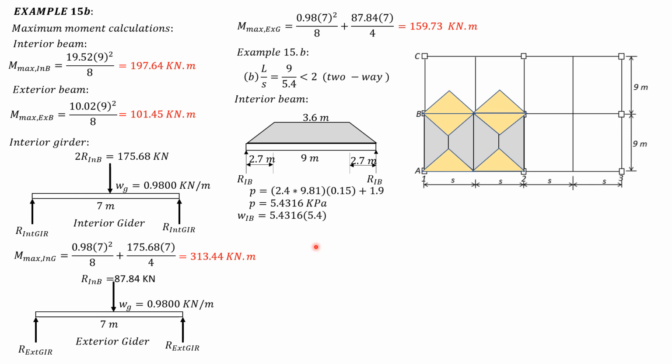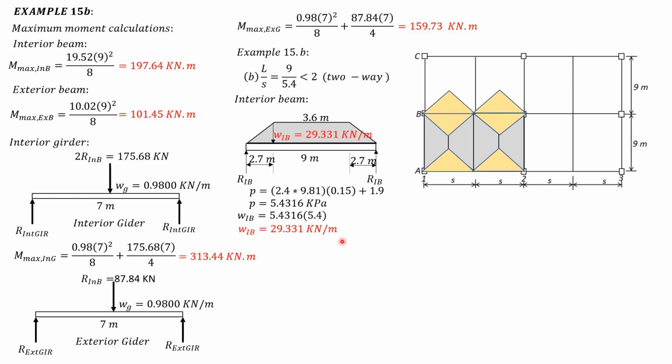For the exterior beam, it is 5.4316 times 2.7 only, the superimposed load. Then remember that the weight of the beam is not shown in this figure, but it is 0.5124 kilonewton per meter. So the reaction at the end of the interior beam would be equal to half of the weight of the beam, so 0.5124 times 9 over 2, then one half of the area of the trapezoid.